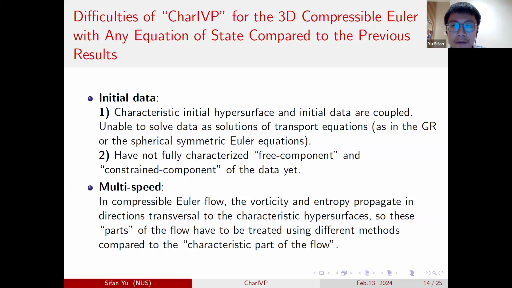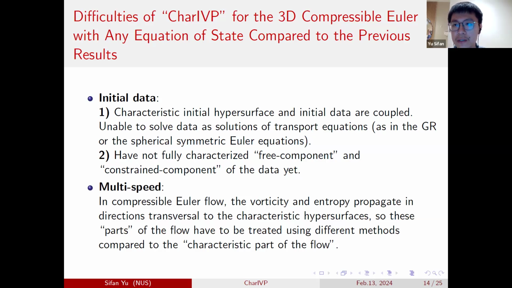Unlike the standard Cauchy problem for compressible Euler, where you can prescribe the initial data freely on initial hypersurfaces, in the characteristic IVP you are not allowed to do so. First, your initial hypersurface is a null hypersurface, and second, your initial data must satisfy the Euler equations. You cannot get these two conditions for free.